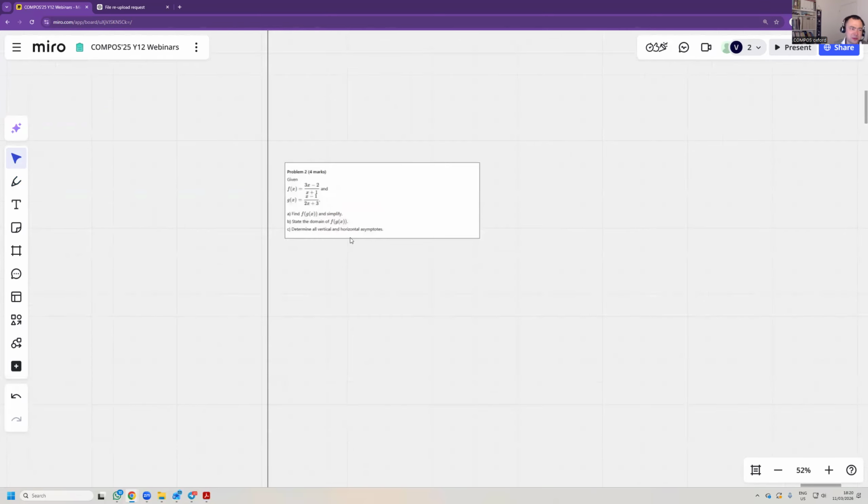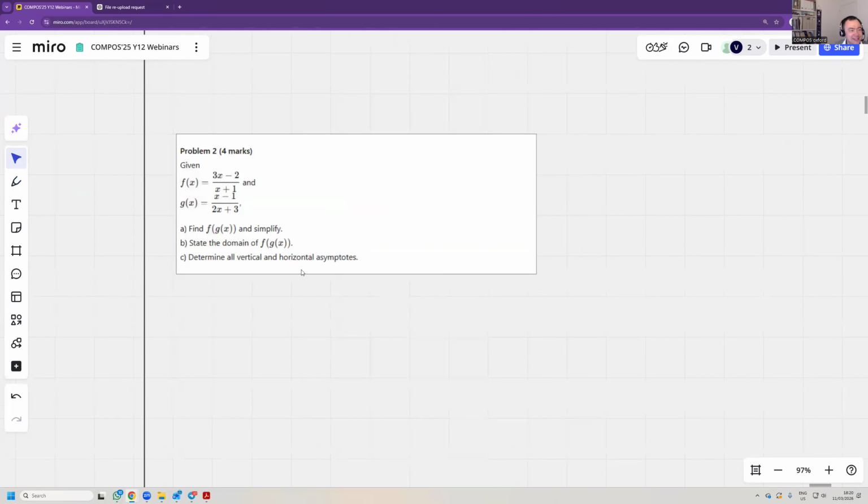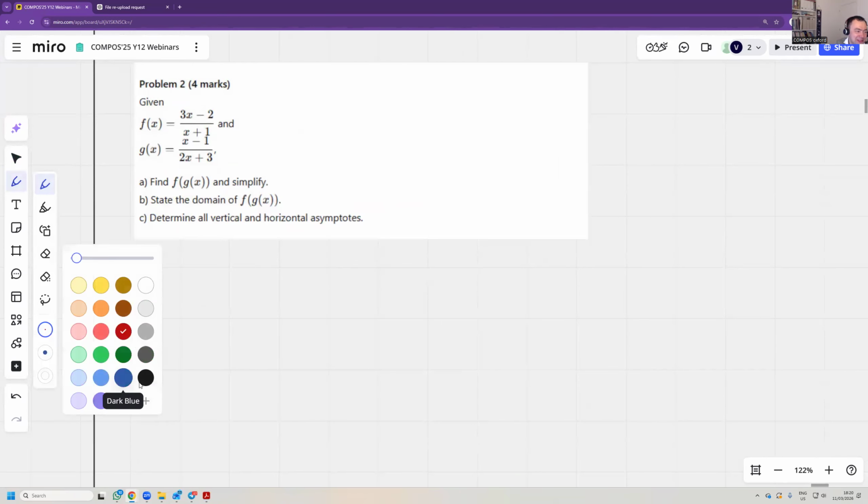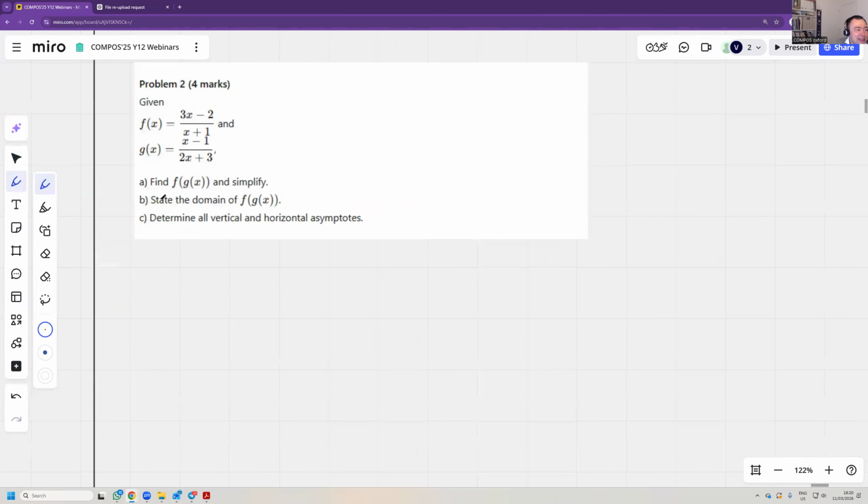The next question is a bit weird. I was thinking maybe I shouldn't include it, but it's fine. So you find the composite of fg. g of x is, so you just put g into x.